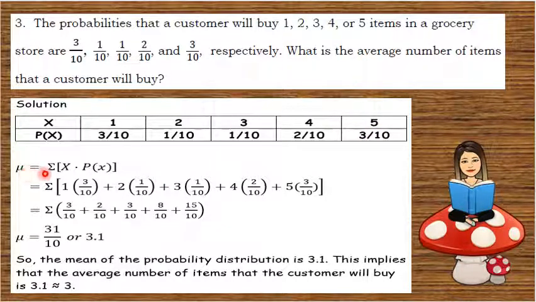We have mu equals the sum of x times p of x.